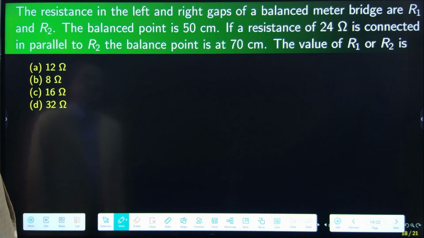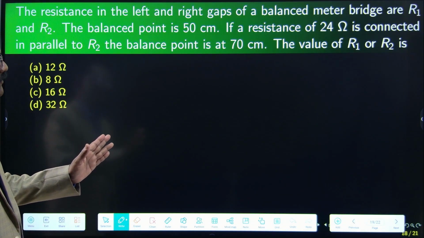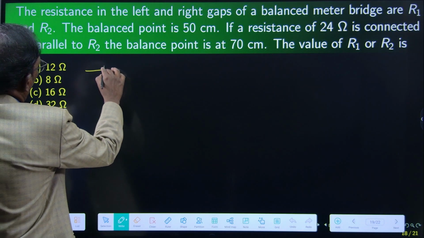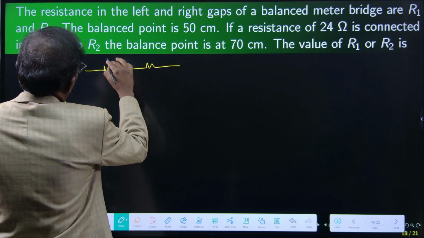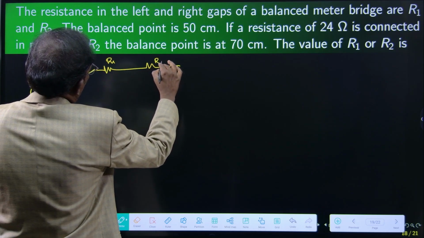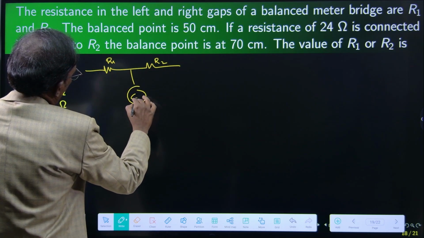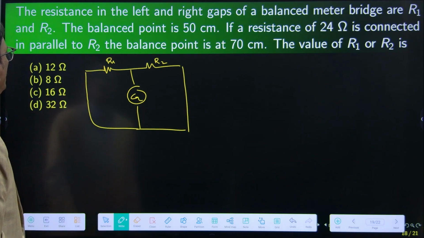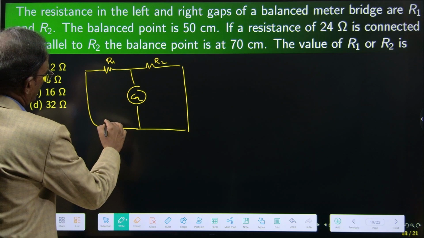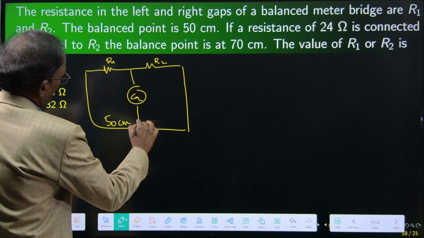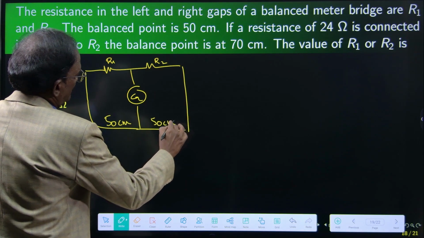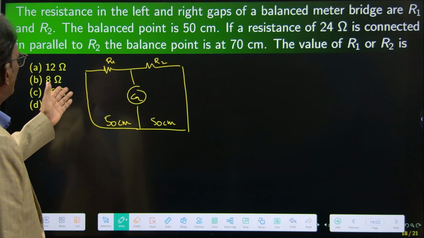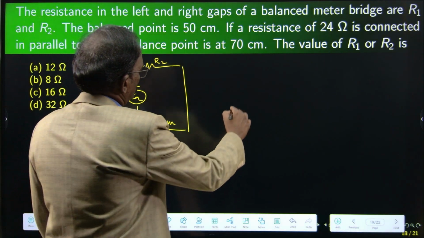Next problem. The resistances in the left and right gaps of a balanced meter bridge are R1 and R2. The balanced point is 50 centimeter, so the other side must also be 50 centimeter.